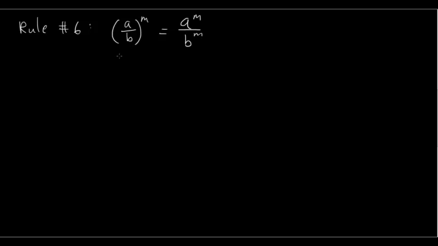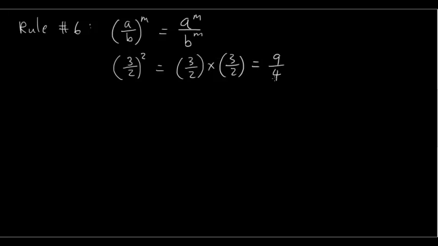Okay, so how does that work? Well, again, let's do a numerical example. Let's do 3 over 2 to the power of, let's say 2, just to make it easier. Okay, so 3 over 2 to the power of 2, let's just evaluate it as we would normally, 3 over 2 times 3 over 2, that's 9 over 4. Okay, so that's doing it normally.